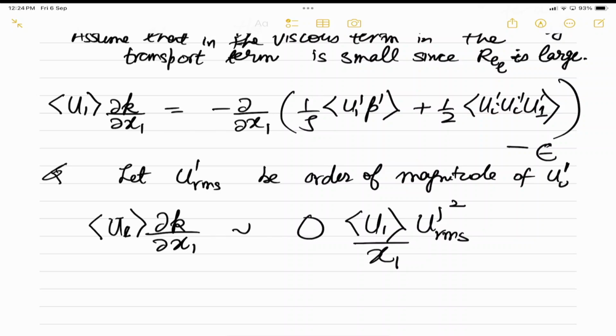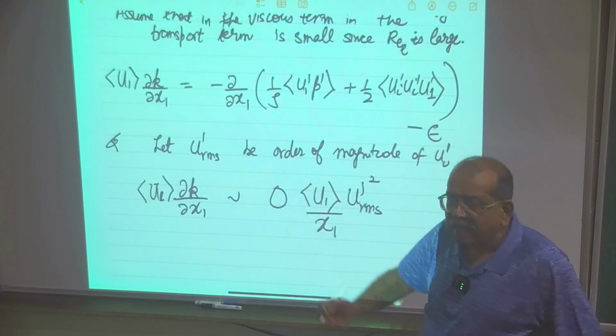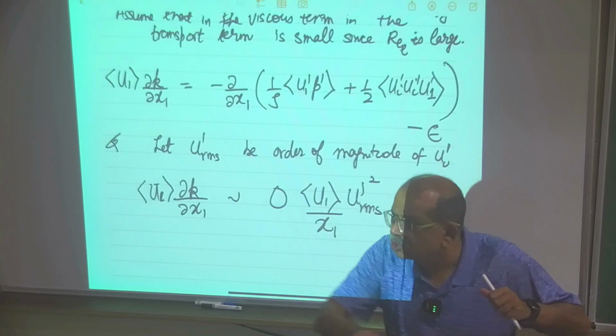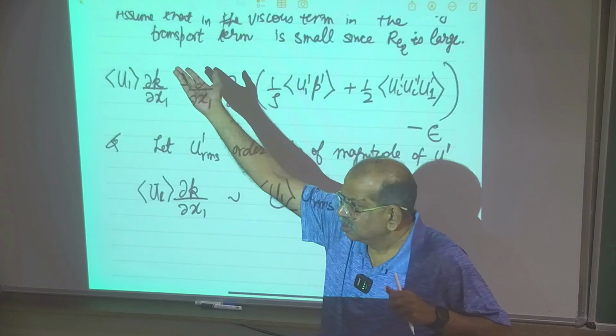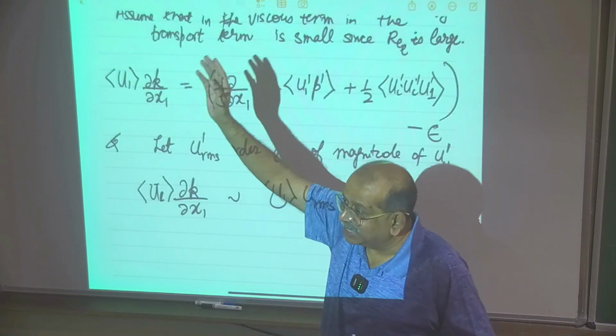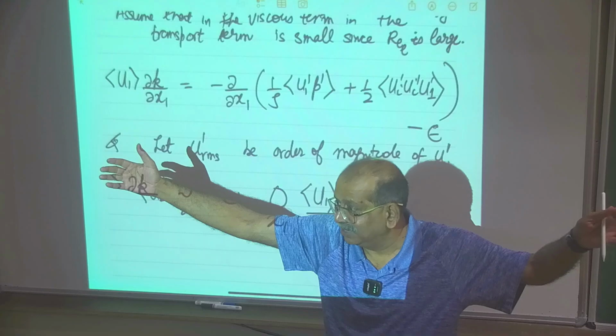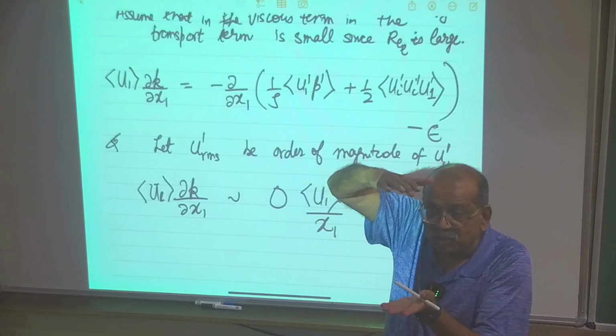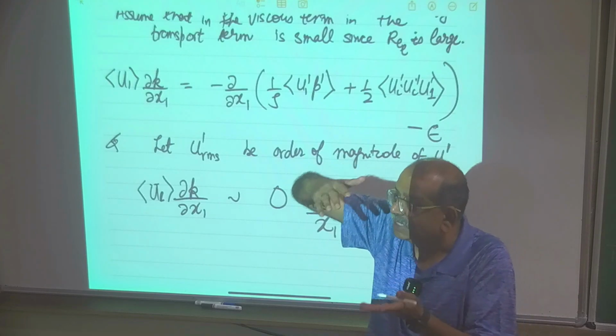See, what happens is when we take d by dx1, we can't take L as the order of magnitude. Why is that so? Because the flow is going along the x1 direction. So this x1 direction can go up to infinity depending on the length of your wind tunnel, whereas L would be some cross dimension related to the height of the wind tunnel.